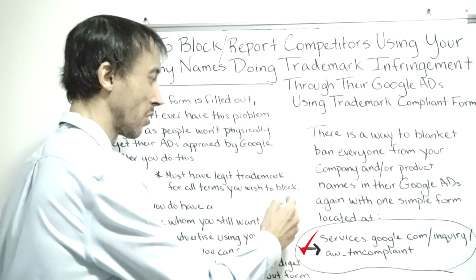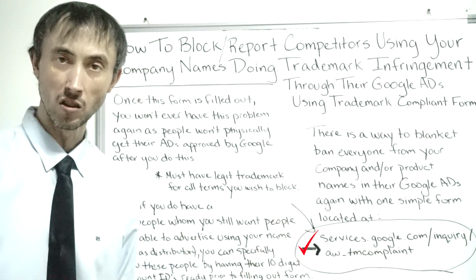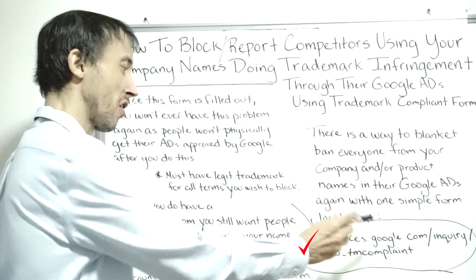But if you want to make sure you're at the right place to do what I'm about to say this form does for you, just simply go to this URL.